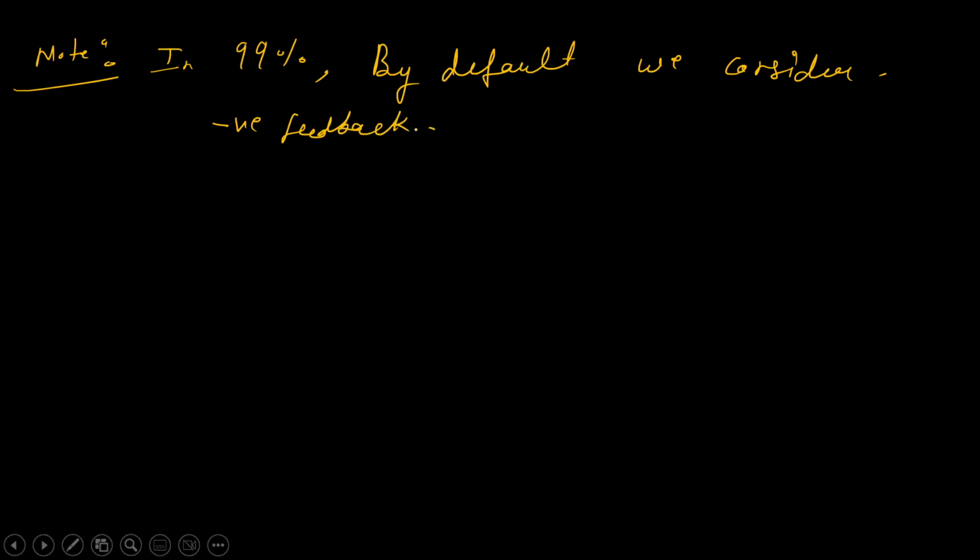And why do we take negative feedback? The answer is because this increases the stability of the system, and our objective of the control system is to achieve the highest stability of the control system. So this was all about negative and positive feedback system.